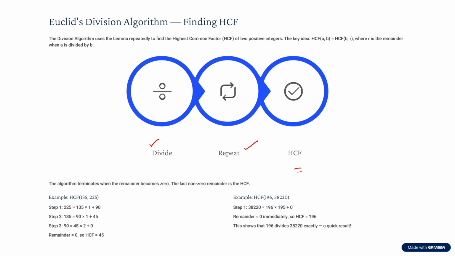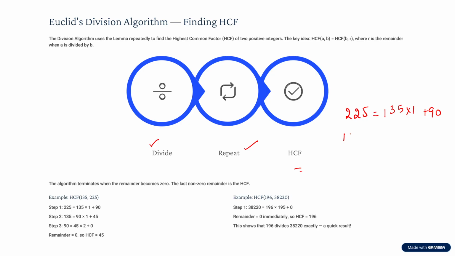Okay, so first let us take 225. What do you get? If you divide it, you will get the remainder. See, we can write this as 135 times 1. So you get 90.